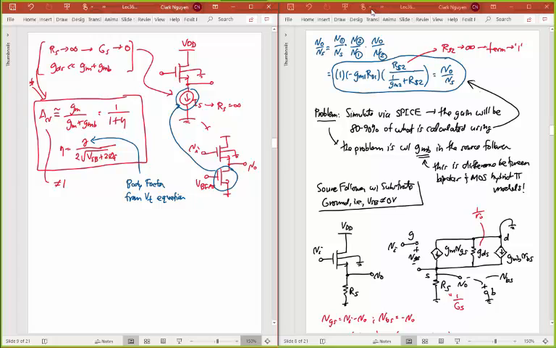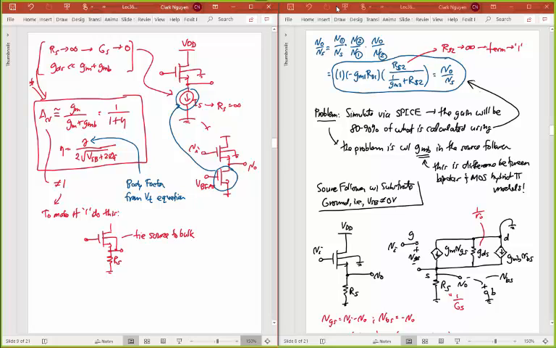Okay, to make it 1, you'd have to do with what we assumed up here. You need to do this. Where you take your transistor and you tie the source to the bulk.